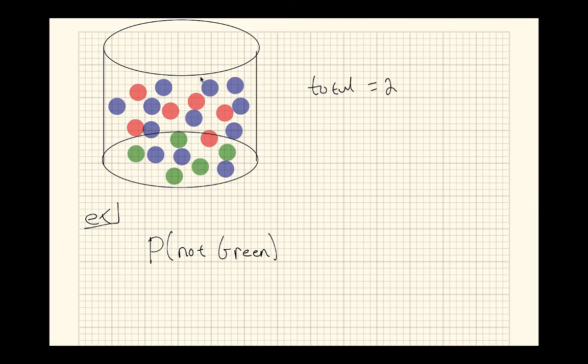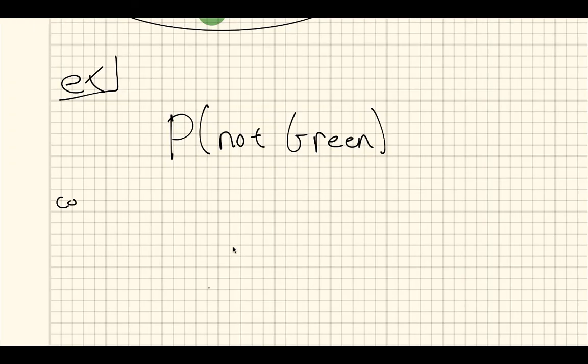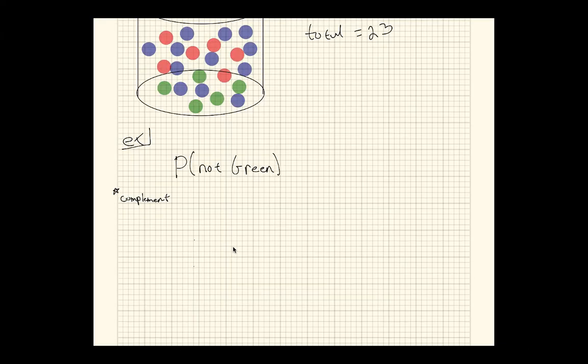Now, if we're doing not green, another word for that is called the complement. It's a keyword. The complement of picking green would be picking not green.